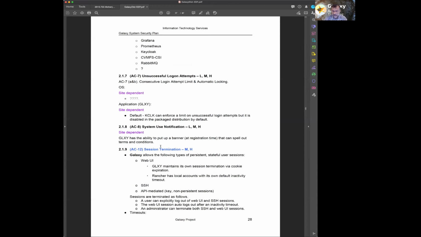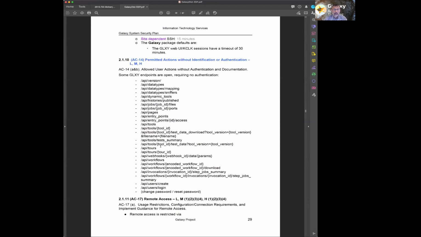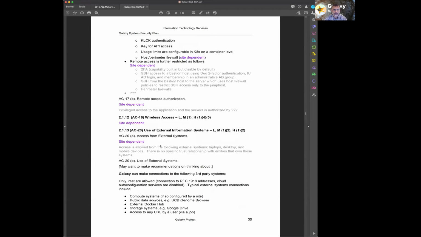Session termination, again, is an important control. This describes the kind of sessions that Galaxy allows, and therefore what you have to actually implement, including either Galaxy configuration or SSH configuration, auto log off. That's a requirement in HIPAA, so that has to be in place.